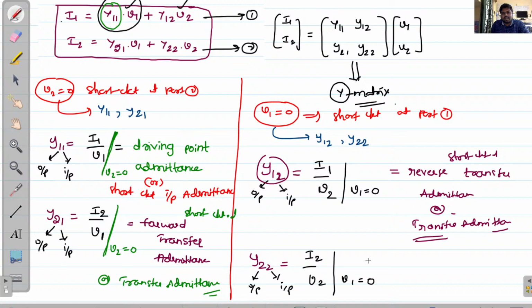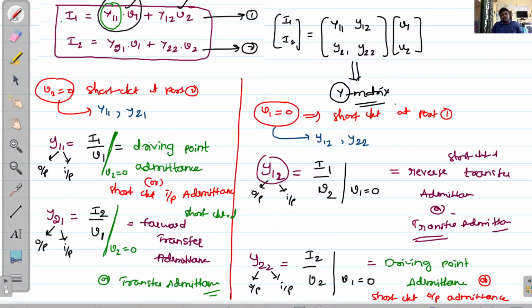And in the case of this I2 by v2, we can call it driving point admittance. Otherwise, instead of driving point admittance, you can call it short circuit output admittance. Why? Because we are considering port 2 as output, so that's why we can use this particular name, short circuit output admittance.